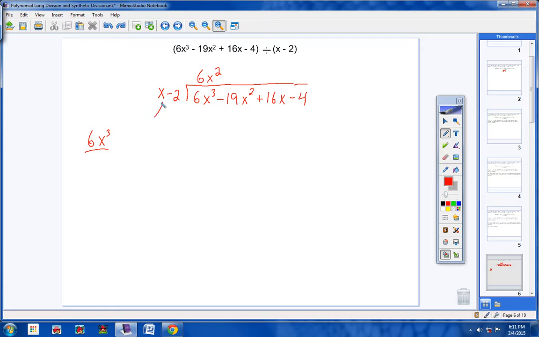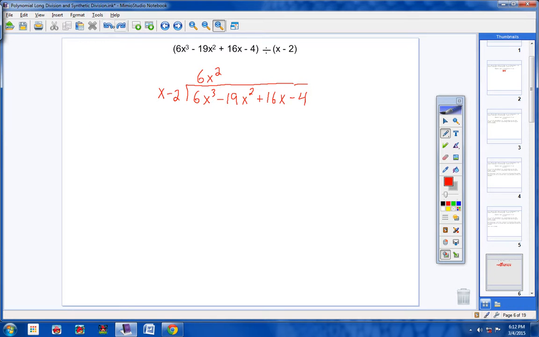Always take your first term and divide it into your first term, always. So, look what happens. If I have 6x cubed over x, take away 1x, take away 1x, and I'm left with 6x squared, okay? So if you need to do that off to the side, don't feel dumb. Feel free to do that, okay?